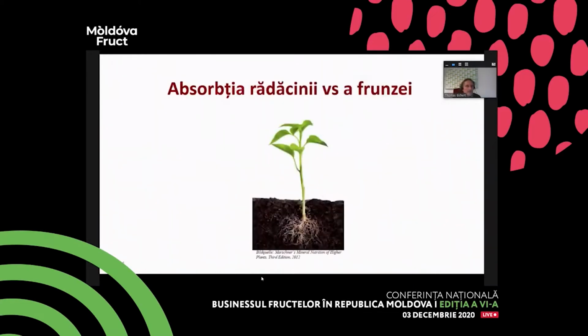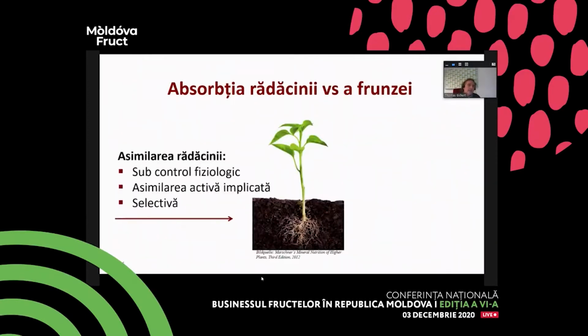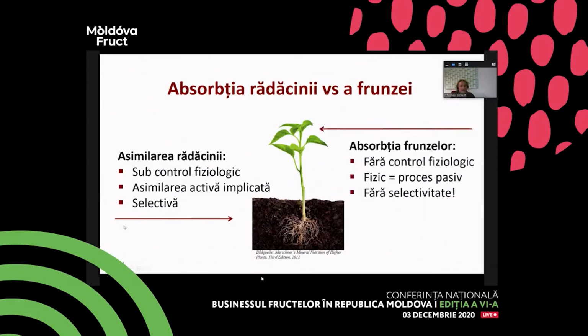So if you now compare plant nutrient uptake by the soil, we have the uptake under more or less physiological control. Roots can actively absorb nutrients, and they can reject nutrients, they control it. So there's a selectivity, which is not the case when we apply it to the leaf. There is no physiological control.